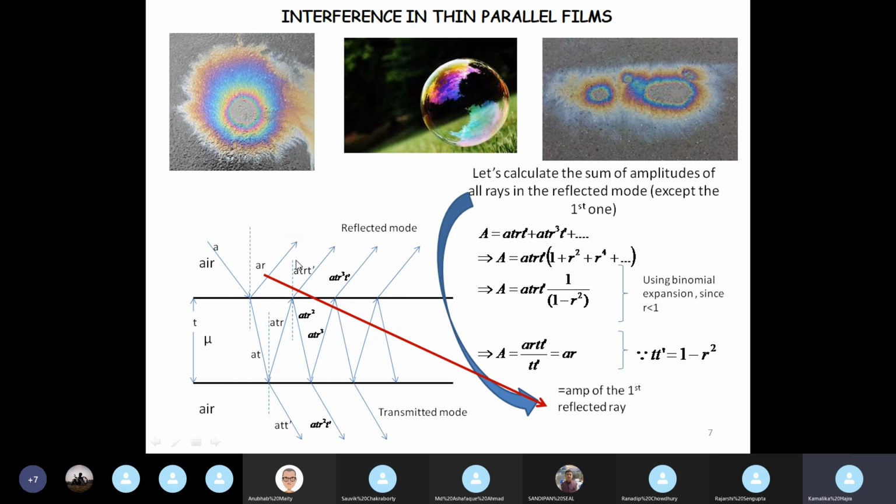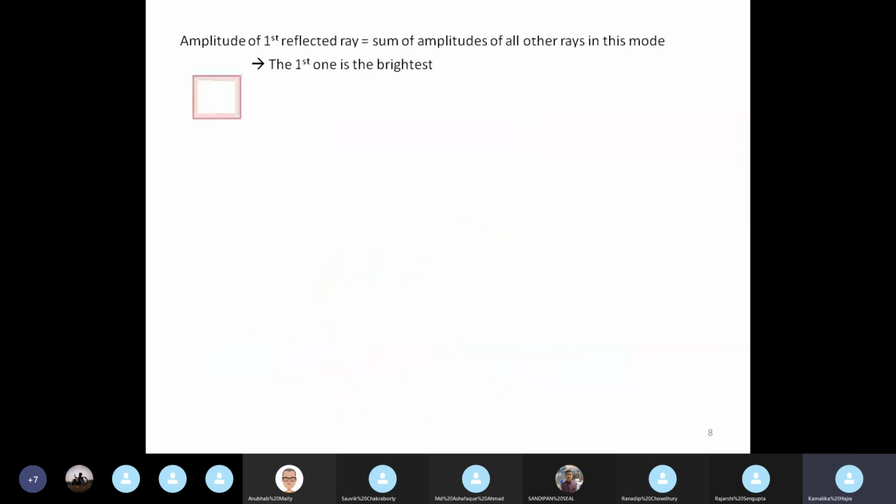But now we find that the first ray has an amplitude which is much greater than the amplitude of all the rest of the rays. So which ray does this one interfere with? Do we take all the rays? Do we consider something like multiple ray interference? What do we do? So who does this ray interfere with? That is now the question.